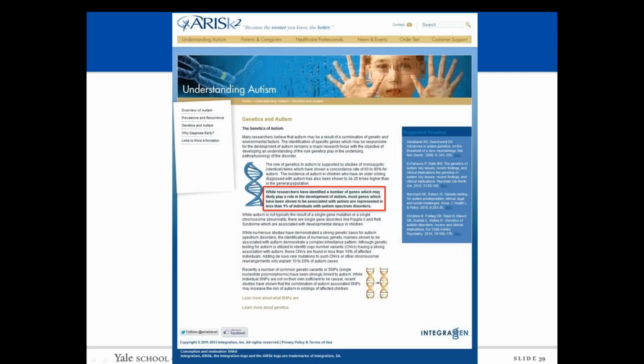To the credit of this particular company, they at least say, as I've highlighted in the red box, that while researchers have identified a number of genes which may likely play a role in the development of autism, most genes which have been shown to be associated with autism are represented in less than 1% of individuals, in other words, being rare causes of autism. There is no one gene or chromosomal region that explains any substantial proportion of individuals with autism.